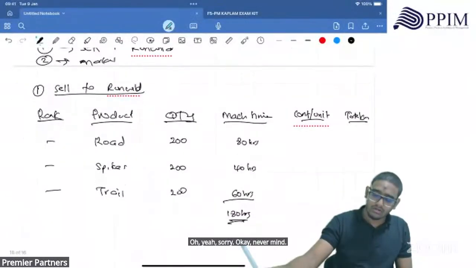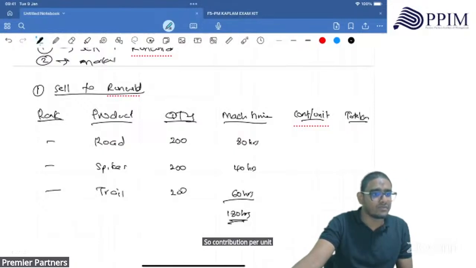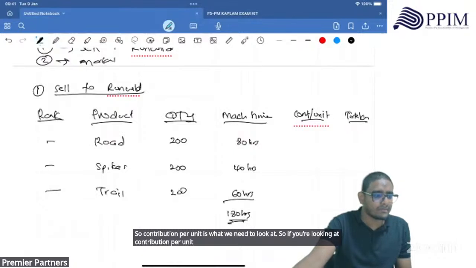Sorry, could you go up to the contribution per unit? Okay, yeah, so contribution per unit is what we need to look at. What happens to contribution per unit in this case?